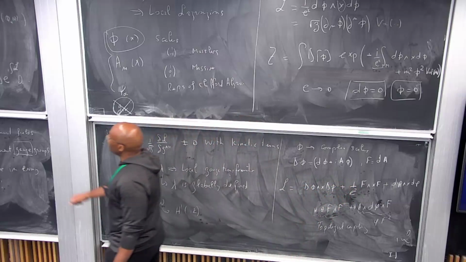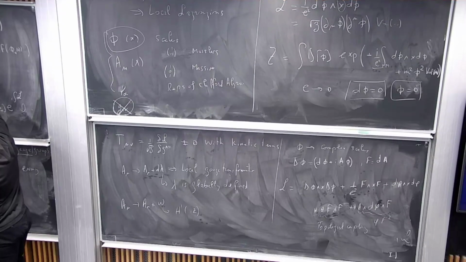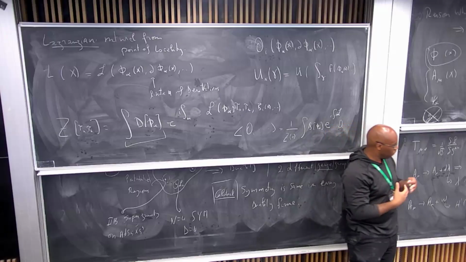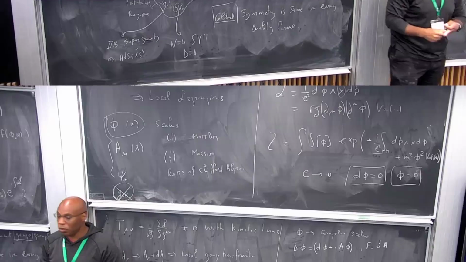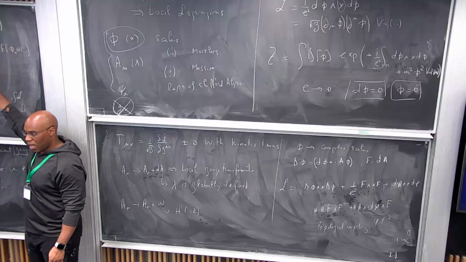In particular, all the operators that I construct are constructed from these functions. If I know how all of these fields talk to each other, in principle you can tell me something about how the operators will talk. So locality is manifest.